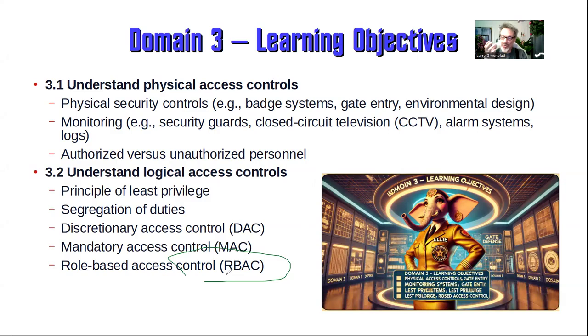But just because they're a member of HR doesn't mean they should be coming in from any IP address but HR's IP address, and only between 9 and 5. So we added attribute-based access control, ABAC, and it's very big on the CISSP now. It can have other attributes, but by far the most common are time and location. You watch for these on the test.